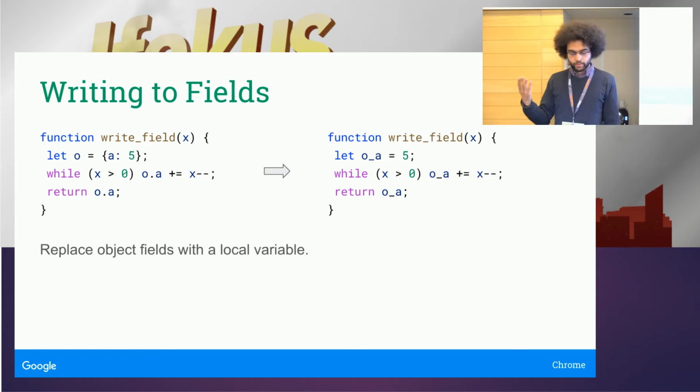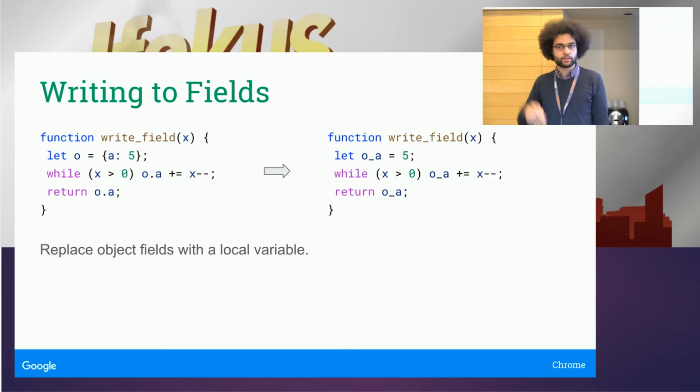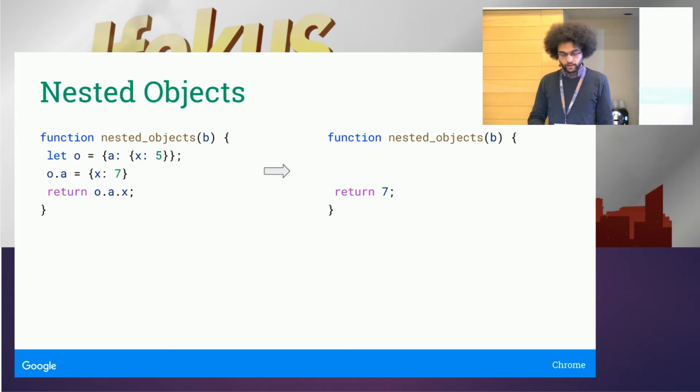So for example, in this case, the A field can be replaced with a local variable, and then all the accesses and writes and loads happen from the local variable. So in our intermediate representation, a local variable is a bunch of phi nodes, essentially. So escape analysis has to introduce phi nodes on the fly. Then we also want to support nested objects.